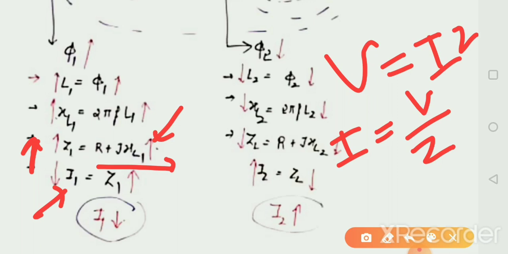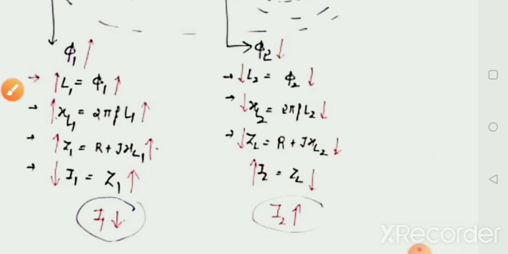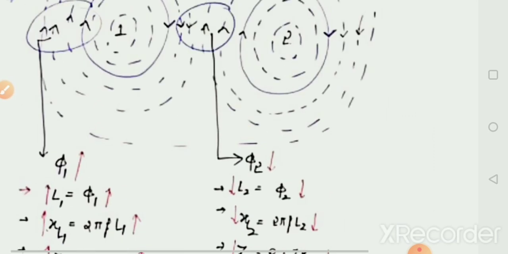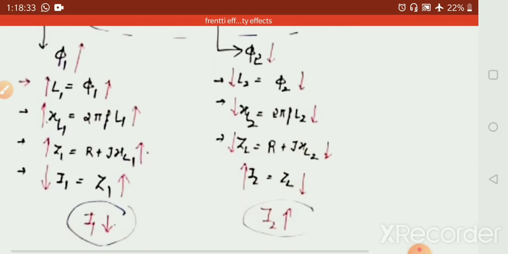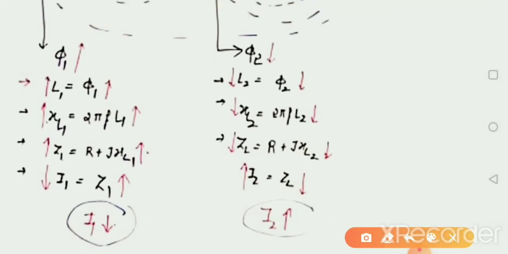So when the impedance is increasing, the current is decreasing. So in this case the current is very low.